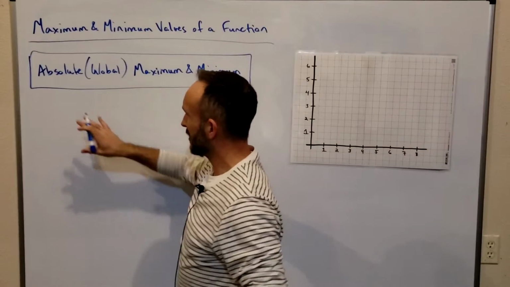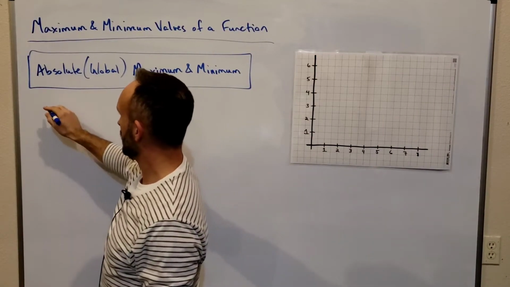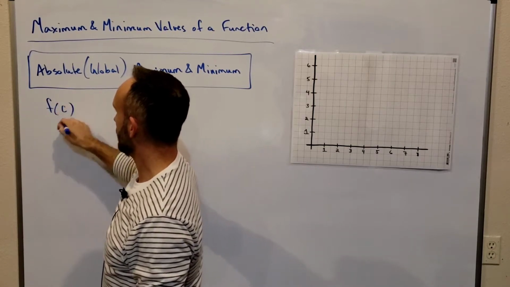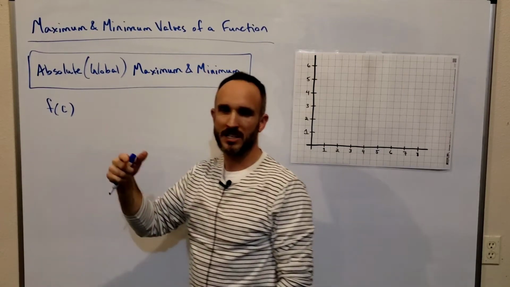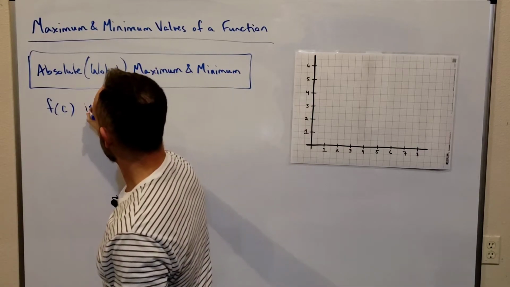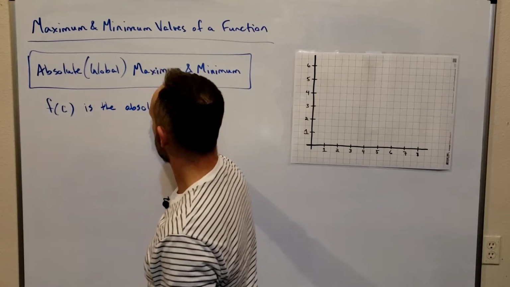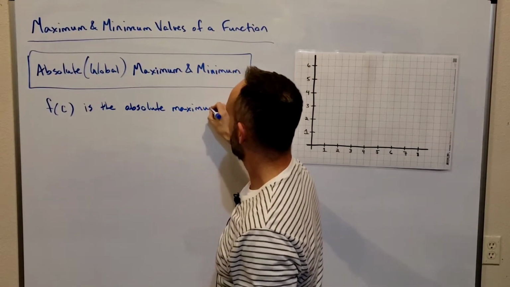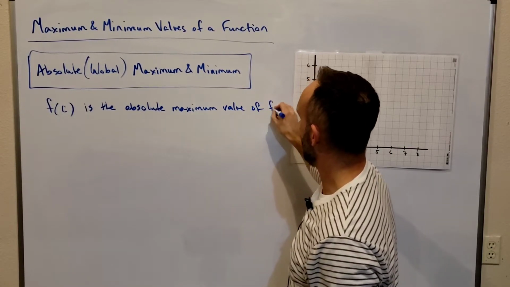But mathematically, the way we would describe this is we'd say, okay, some output of a function f. So one way we could say that is f of c. So this is the output of function f for some specific number c. f of c is the absolute maximum value of f.